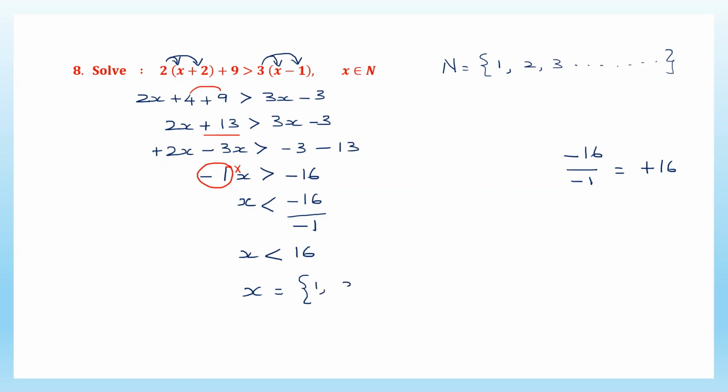So let's write that. 1, 2, 3, 4, 5, 6, 7, 8, 9, 10, 11, 12, 13, 14 and 15, because it says x is less than 16. So these are all the values of x. This is the solution set for question 8.